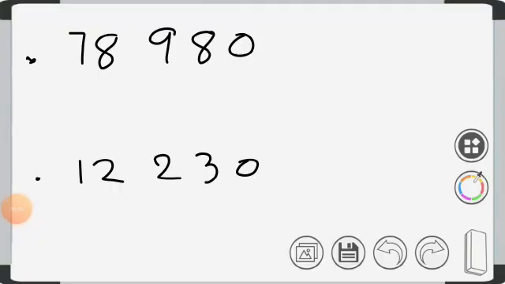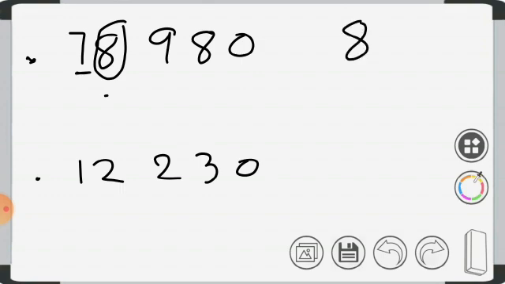We will round off to the nearest 10,000 in rough work. We have to round off the number in the 10,000s place. So we will look at the number on the right side, which is 8, and we will always compare the number for rounding off with 5.